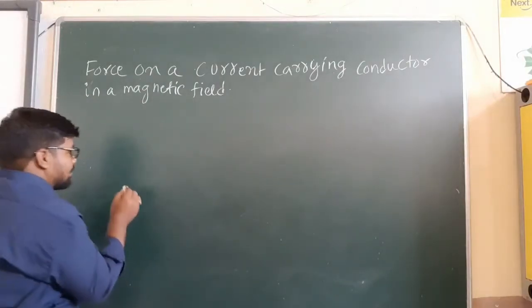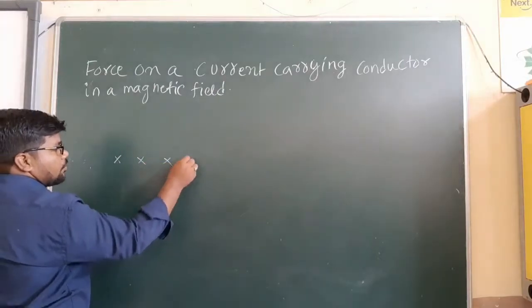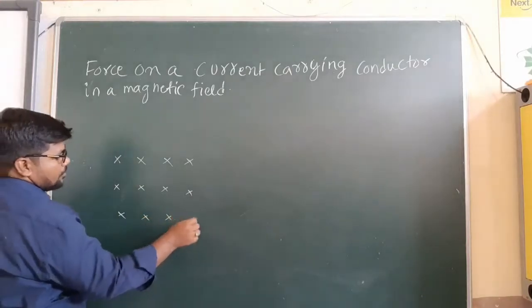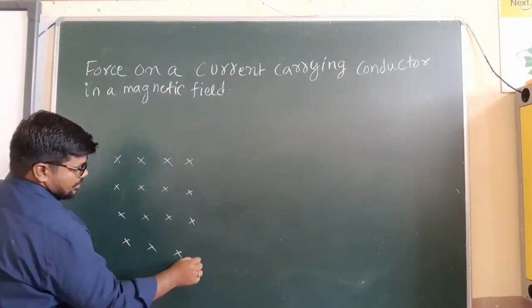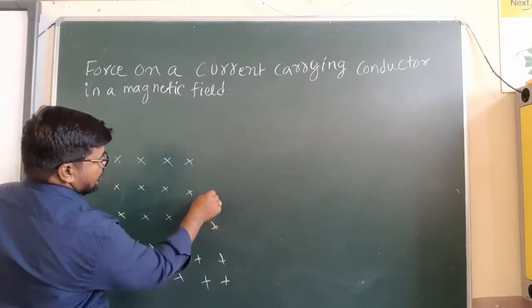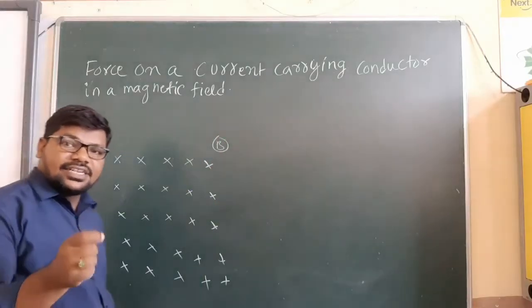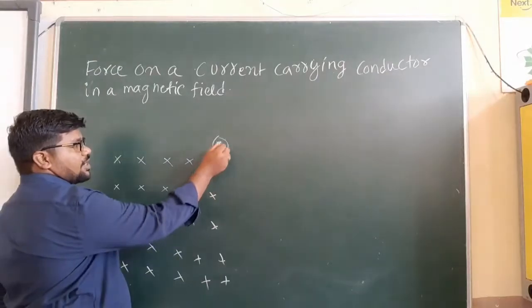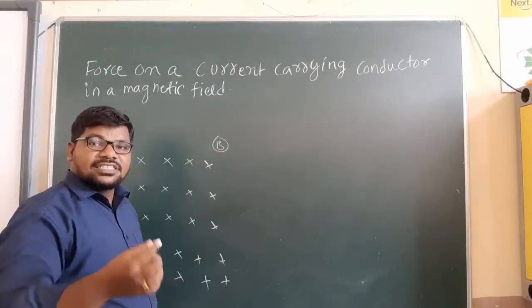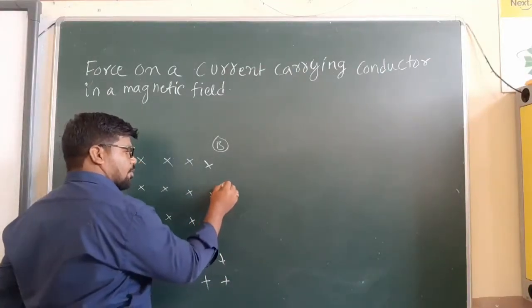Suppose we consider a magnetic field, denoted B. Here the cross symbol, into, refers to field lines entering into the board.